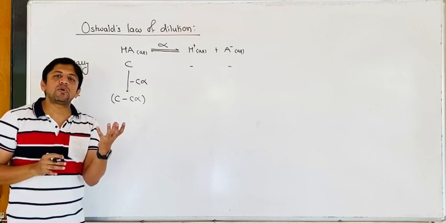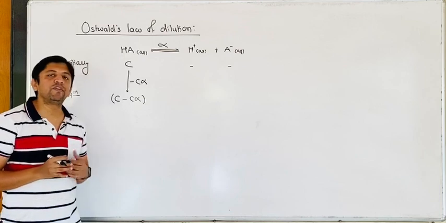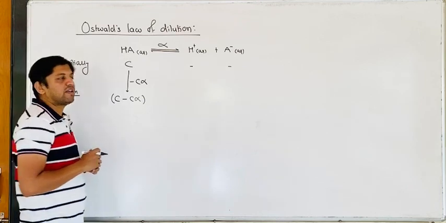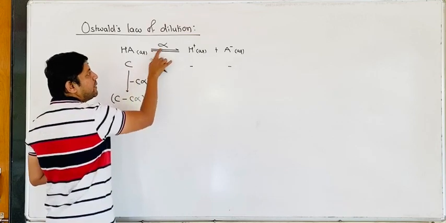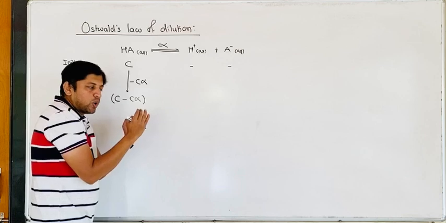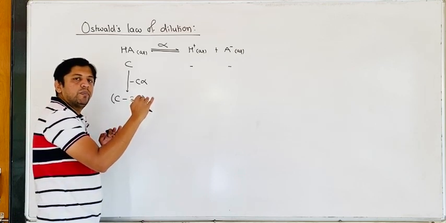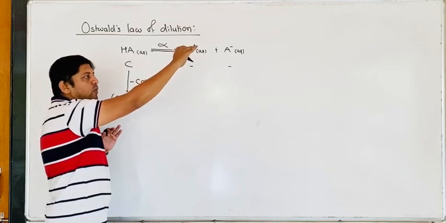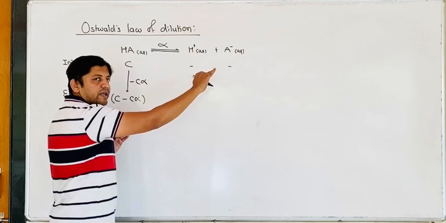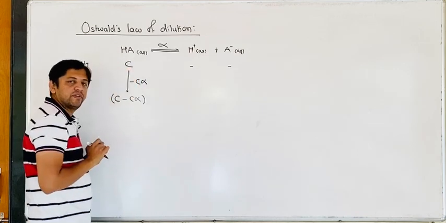Out of that initial concentration, some moles got dissociated and equilibrium was attained. And how to find how many moles dissociated, we saw earlier. Alpha is equal to number of moles dissociated divided by total number of moles initially present. Alpha is equal to moles dissociated divided by moles initially present. So moles dissociated is equal to alpha into moles initially present, C into alpha.